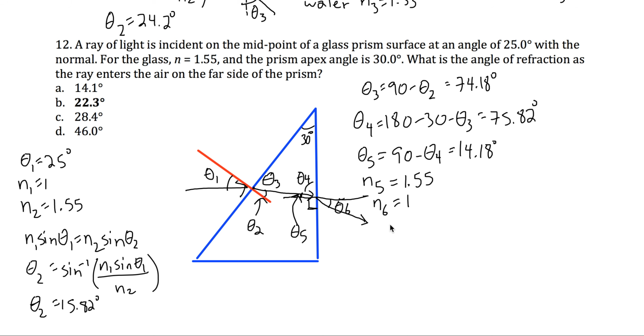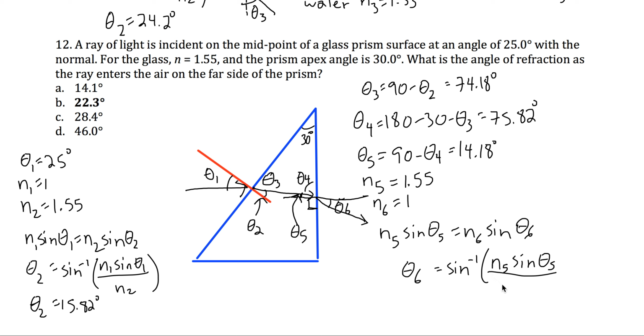And we're looking for theta 6, so we need to use Snell's law: N5 sine of theta 5 equals N6 sine of theta 6, and solve for theta 6. We'll get the inverse sine of N5 sine theta 5 divided by N6, and you plug in N5, N6, and theta 5 in there, and you should get theta 6 equal to 22.3 degrees.